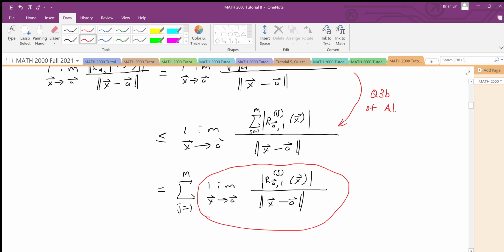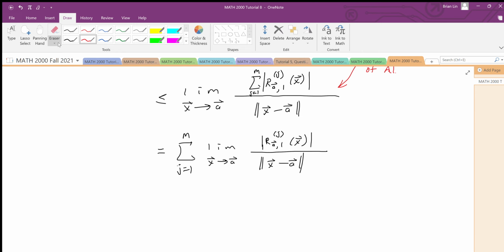It goes to 0 by Taylor's theorem for each of the component functions f_j. Their own remainder functions go to 0 faster than linearly. So they're all 0. That's just a sum of a bunch of zeros. So that's just equal to 0.